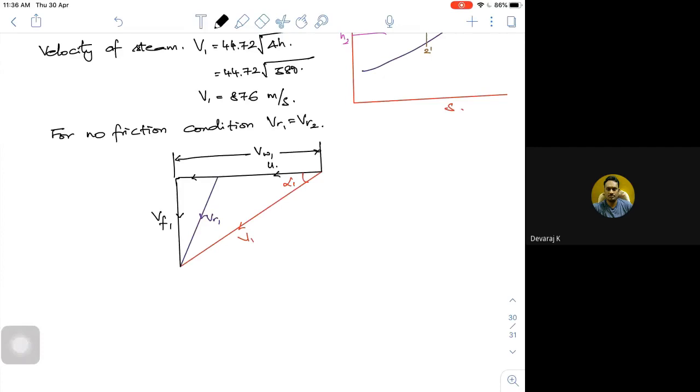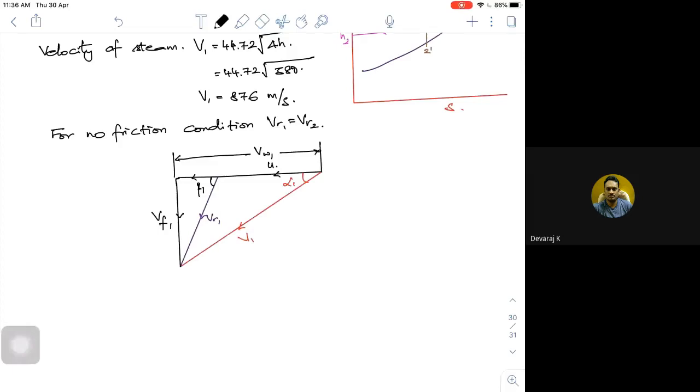I got it. So this is my beta 1. And here I made an assumption that VR1 is equal to VR2 and beta 1 is equal to beta 2. So I found my beta 1. So the blade angles is found directly.